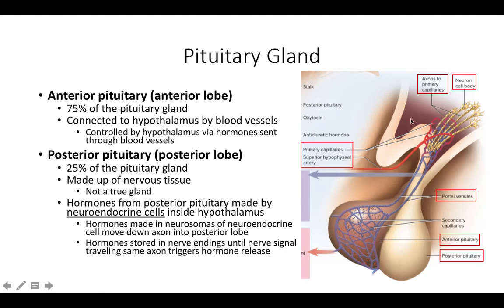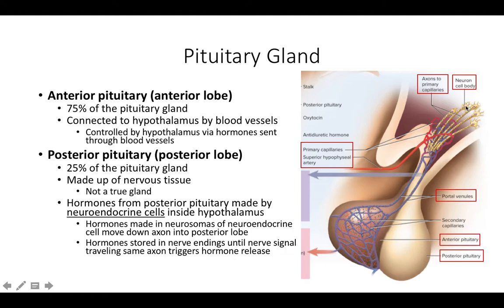If the hypothalamus wants to communicate with the anterior pituitary gland, it sends hormones through these blood capillaries. On the other hand, the posterior pituitary lobe receives communication from the hypothalamus through nerve signals.